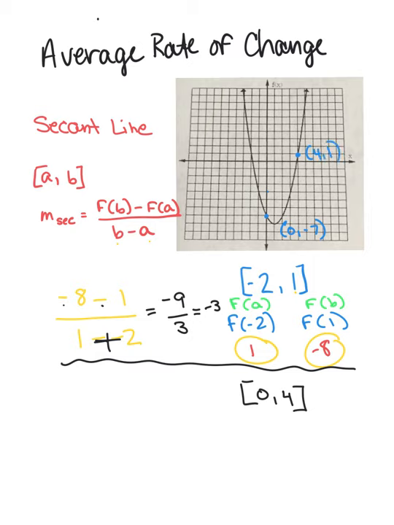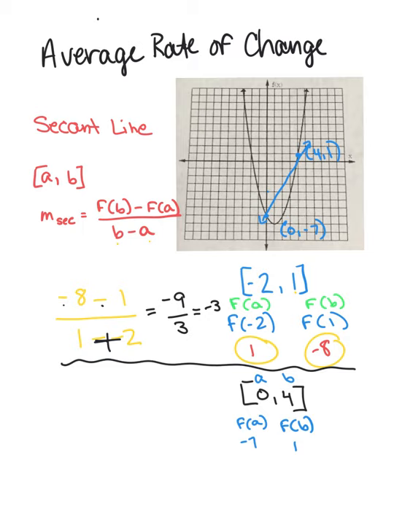This is my secant line for this one. I'm going from 0 to 4, and I want to find the average rate of change between those 2 points. Remember, this is my A, this is my B. So f of A is going to be -7, and f of B is going to be 1.